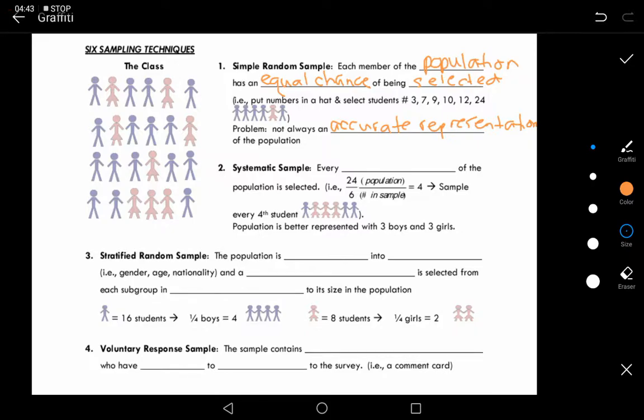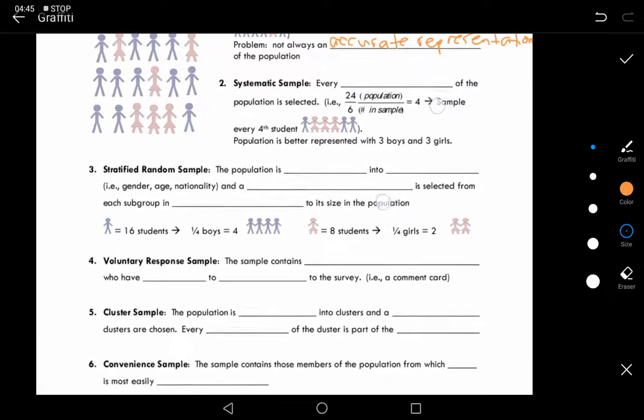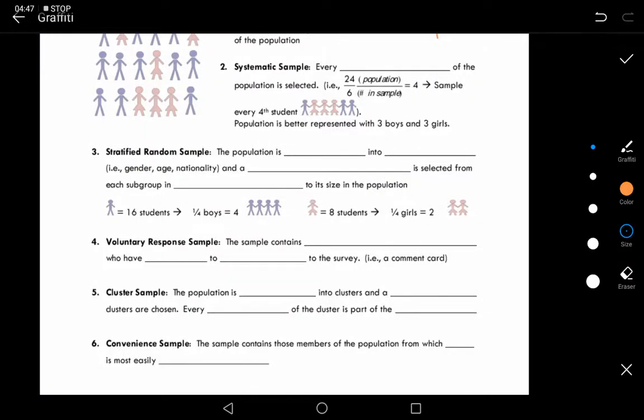So the second type of sampling is called a systematic sample. So in a systematic sample, every nth number of the population is selected. So nth is just a variable, okay? So I'm not saying every 4th, every 17th, every 2000th, but that's what that n represents.